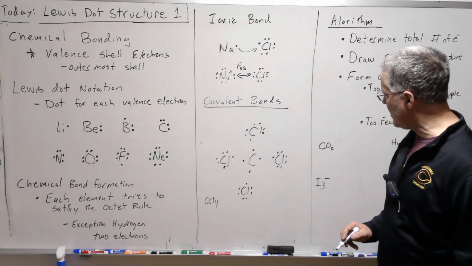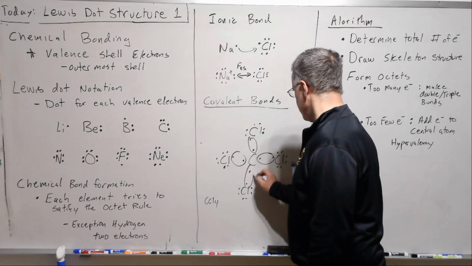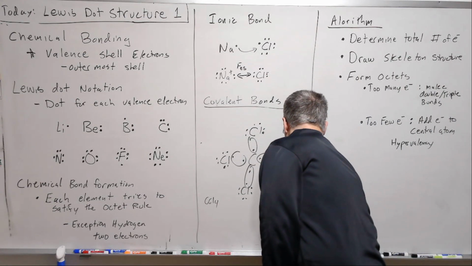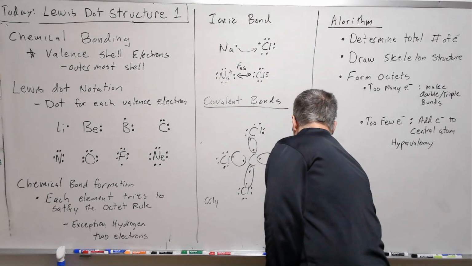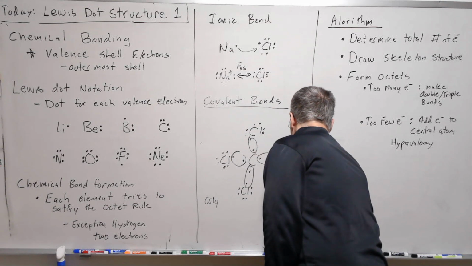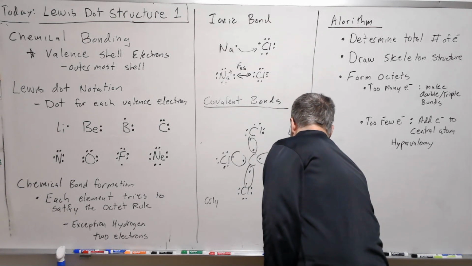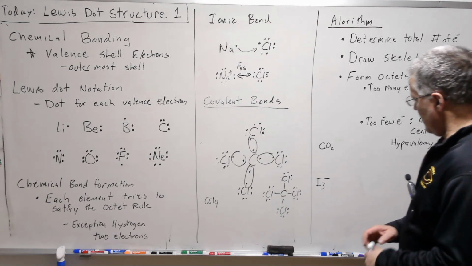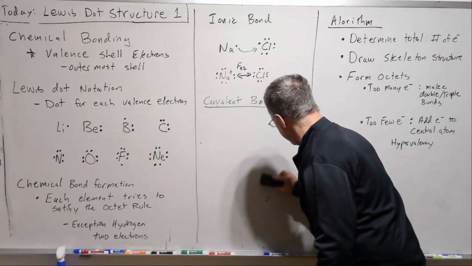Chlorine all has 7 around, carbon has 4, and so we can share these, and we become this. Okay. All right, so that's kind of the basic idea.